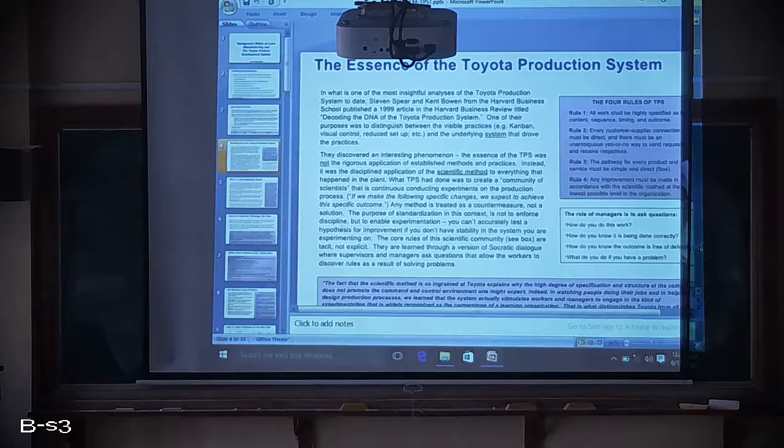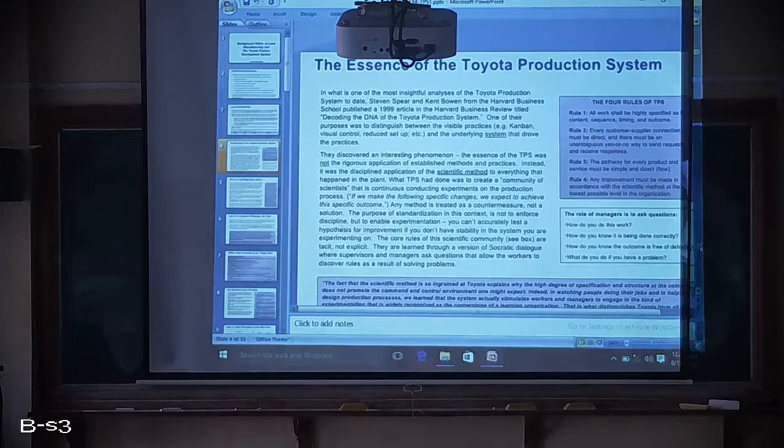What TPS had done was to create a community of scientists continuously conducting experiments on the production process. If we make the following specific changes, we expect to achieve this specific outcome. Okay, so they have a community of scientists with the objective of specific changes. Any method is treated as a countermeasure, not a solution.